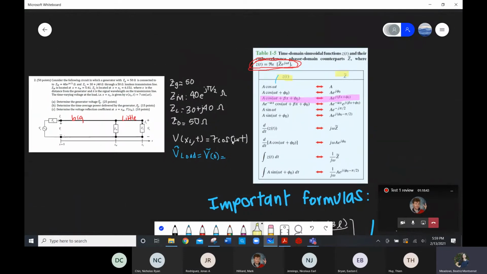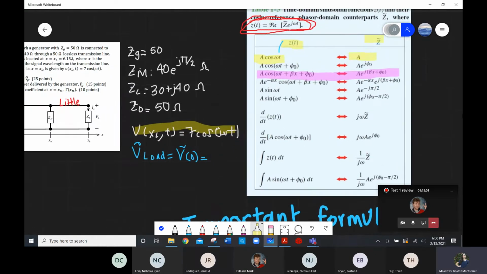Which one on the list is it? The first one. So in phasor, that's just A, which is the amplitude. So what will be the phasor representation? Yeah, there you go.